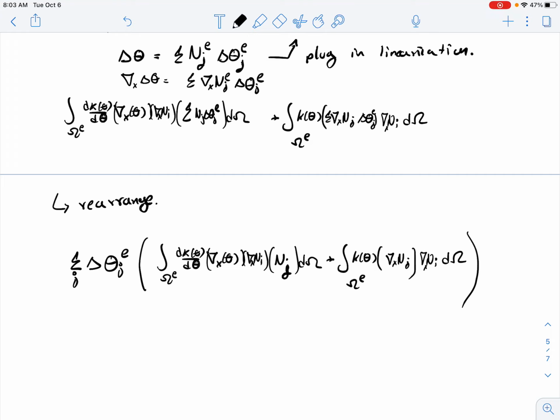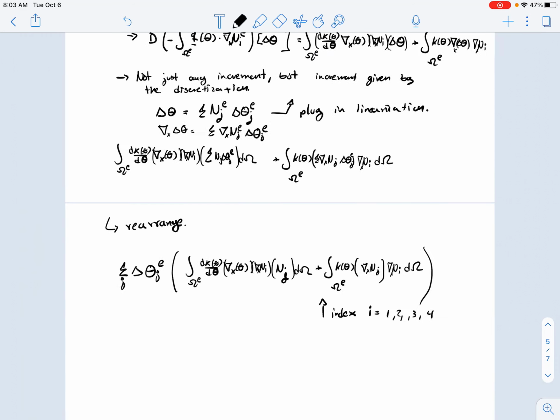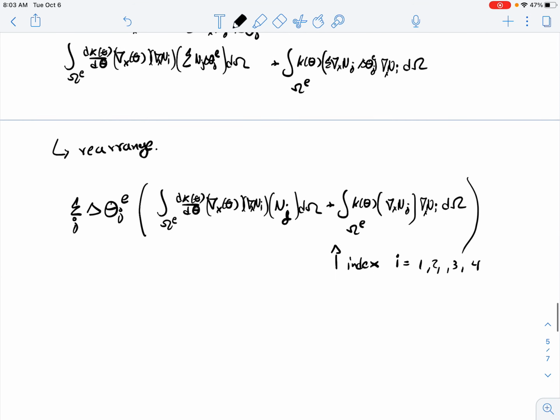So now, notice that I have two indices here, right? So here I have index i, 1, 2, 3, 4. And then here I'm summing over j's, which you should think of as the sum over j's.